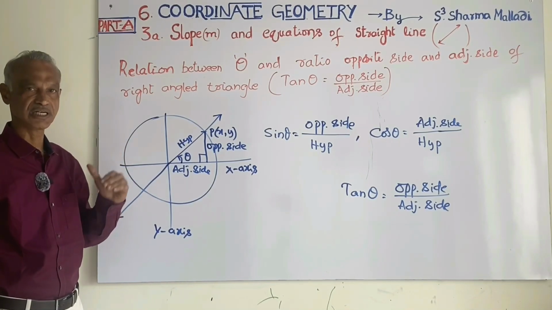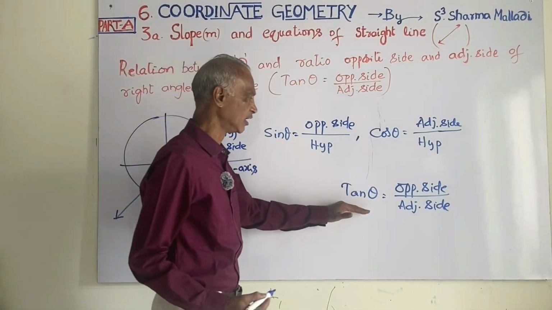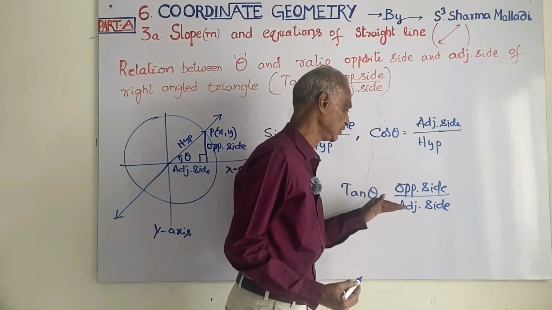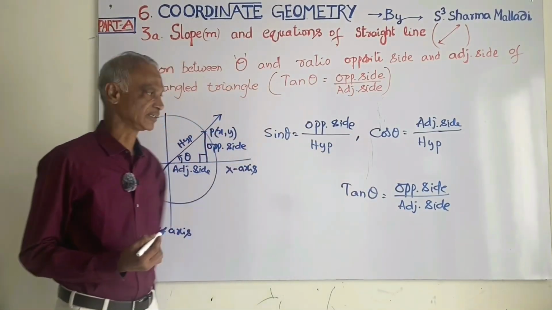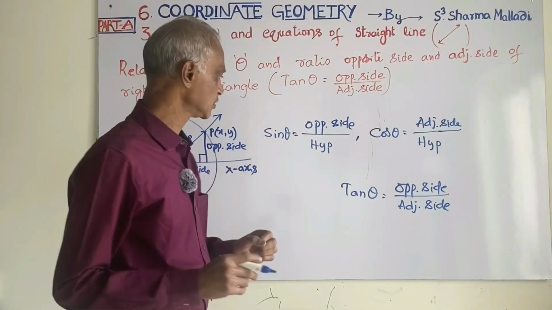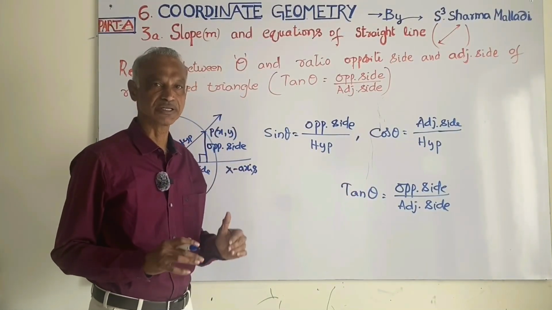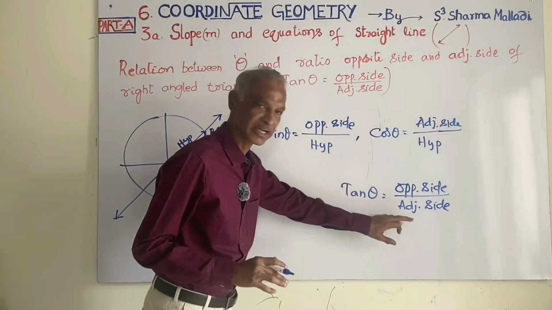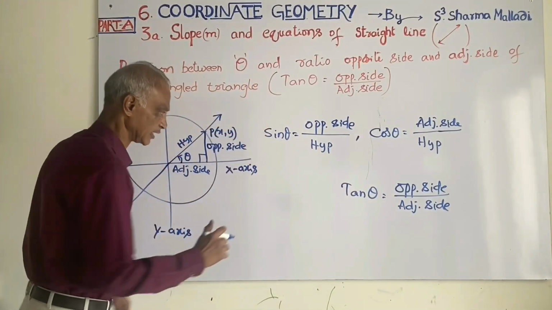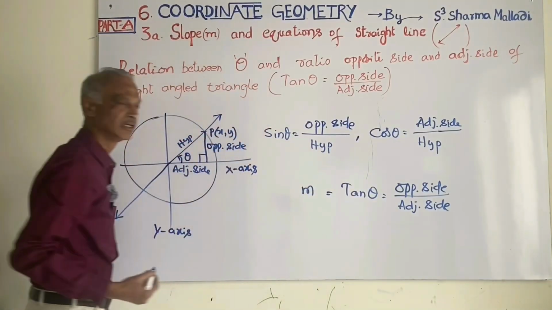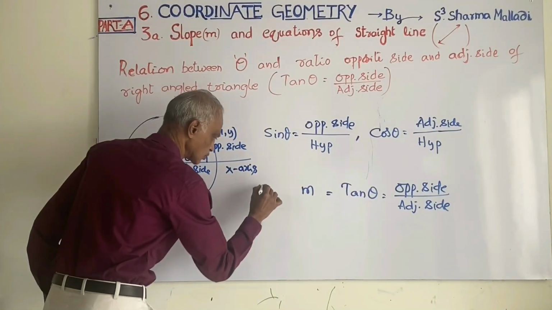We should establish the relationship between theta and the ratio of opposite side by adjacent side. Already I told you the slope depends on the angle, and slope depends on the opposite side and adjacent side. I will explain again. This is denoted by slope m.